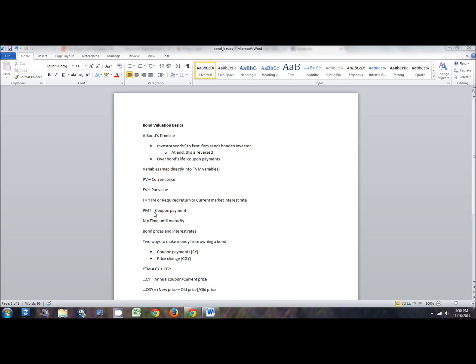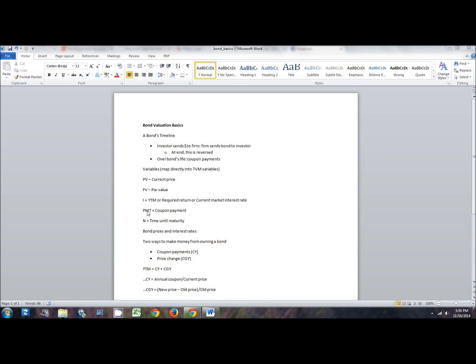Your payment is going to be your coupon payment. It's going to be that periodic interest payment that you receive over the bond's life. Now, to find a coupon payment, what you'll oftentimes have in the bond problems is a coupon rate, and you need to use that rate to find the coupon payment. For example, a bond might have a 5% coupon.